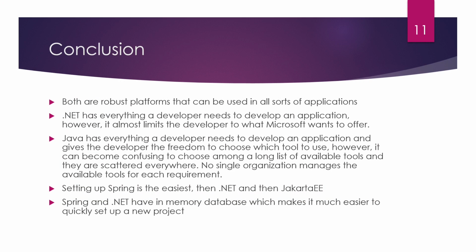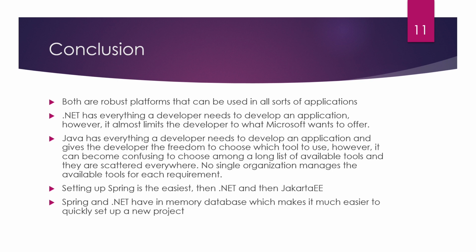So in conclusion, I would say both platforms are robust platforms and they have everything that the developer needs to develop a good application. .NET is owned by Microsoft and developers are almost limited to what Microsoft has to offer. You can have third-party libraries, but it's not nearly as popular as Java libraries.